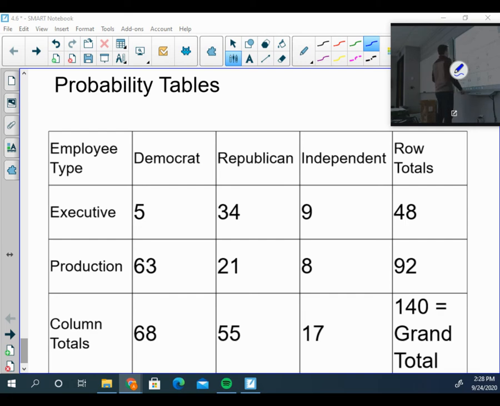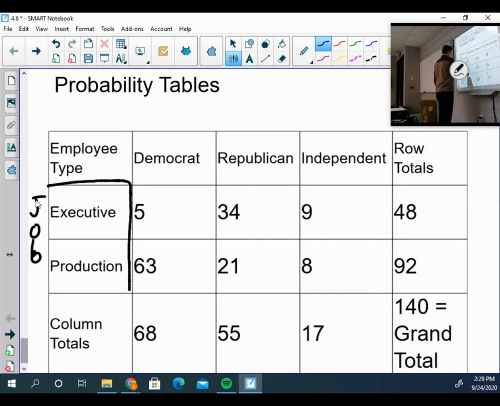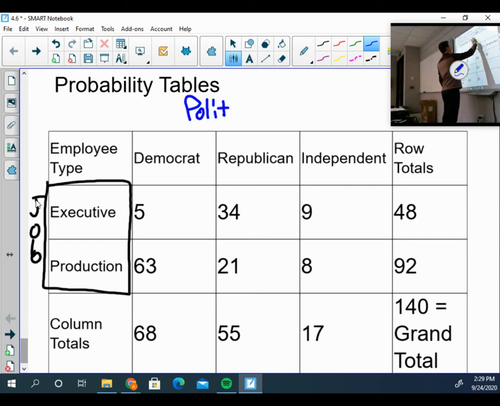Sometimes we can see probabilities or data broken into a table and we can determine probabilities out of it. So what we see here is we have a few different categories. We have the type of job people are doing over here, and we have their political affiliation right here.